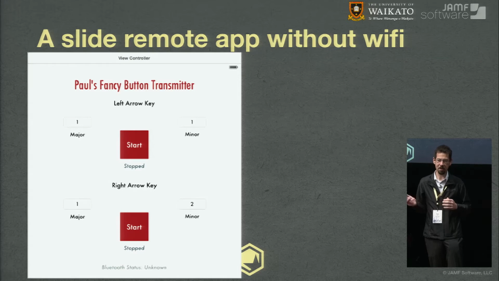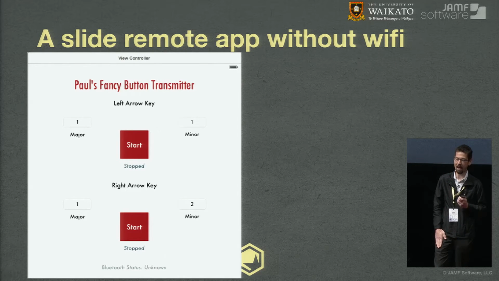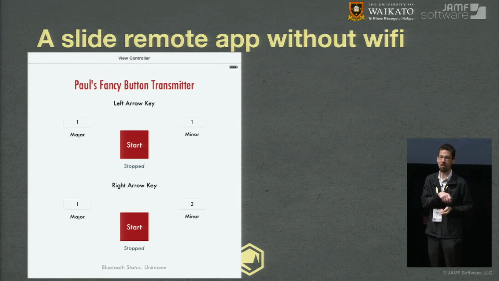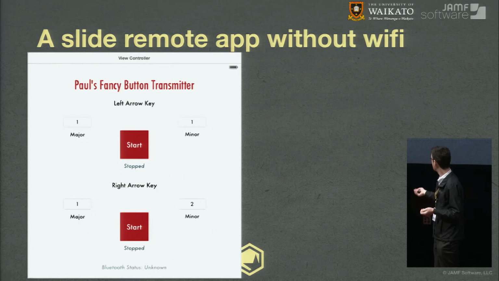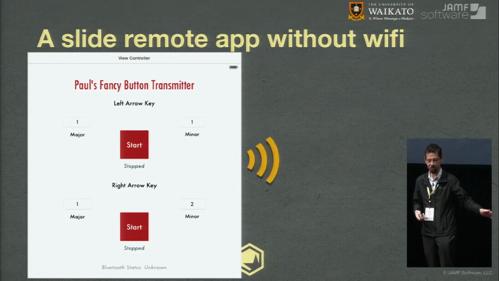So what I like to do is I've got a little home rolled app that simply broadcasts 2 beacons. And I have a proximity D daemon running on the computer I'm presenting off. So I've got a start button here that starts either beacon triggered. All it does is trigger a left arrow key and a right arrow key using proximity D on the device that I'm presenting from.